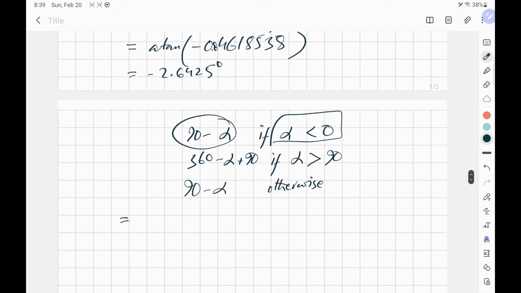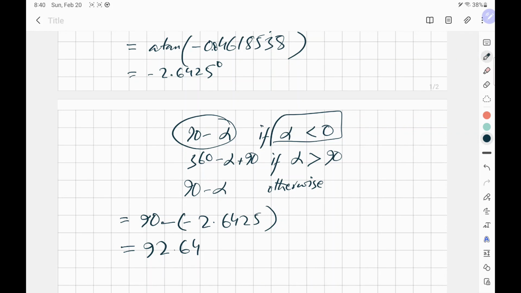So aspect is 90 minus minus 2.6425, which becomes 92.64.